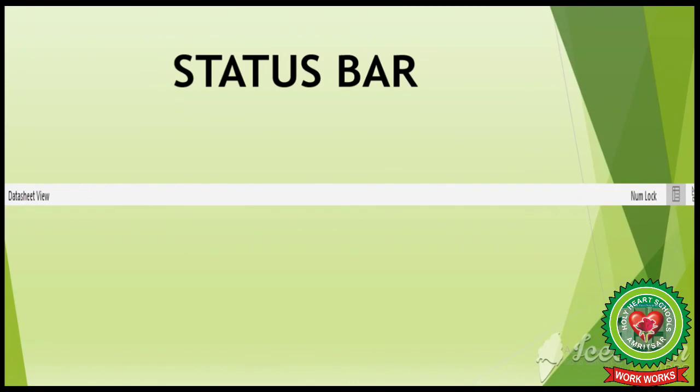This bar is located at the bottom of the window. On its extreme left it displays the name of the current view, and on its right it displays view buttons like datasheet view, design view.